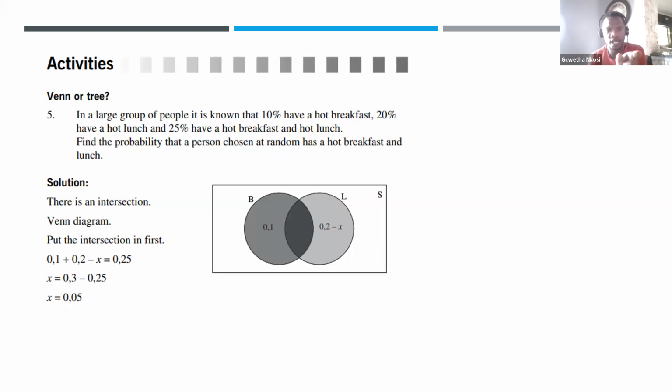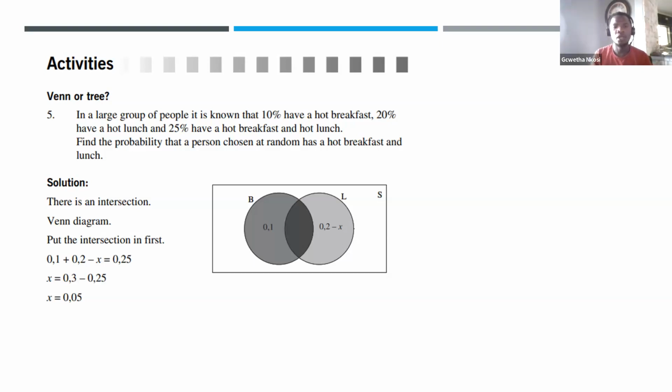Now they are telling you that 25% have both hot lunch and hot breakfast. Find the probability that the person chosen at random has a hot breakfast and has a hot lunch.